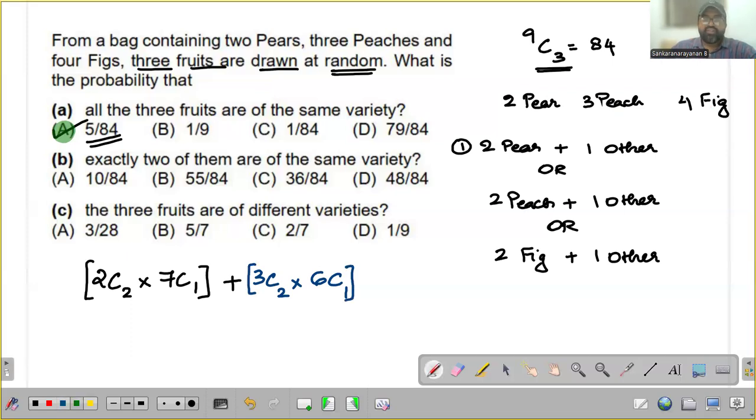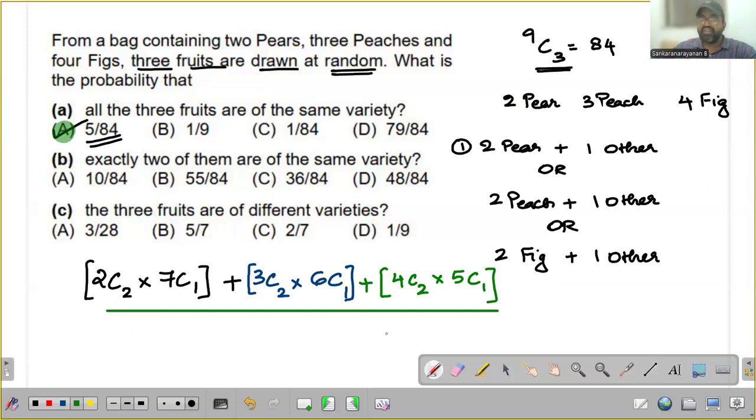Or, now the final one, it is about 2 fig and one other. 4 figs are there, you end up selecting 2 figs. The number of ways that you can do it is 4C2. And other than fig, 3 plus 2, 5 fruits are there, you end up selecting 1. So that is 5C1. Got it? Whole divided by 84, since 3 fruits are selected under the favorable condition out of 84.